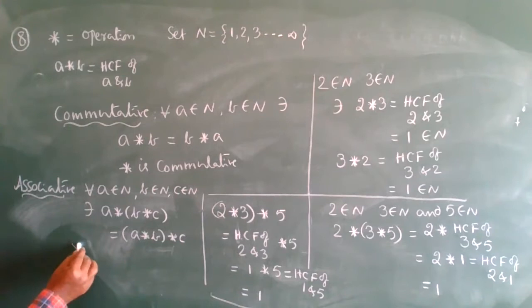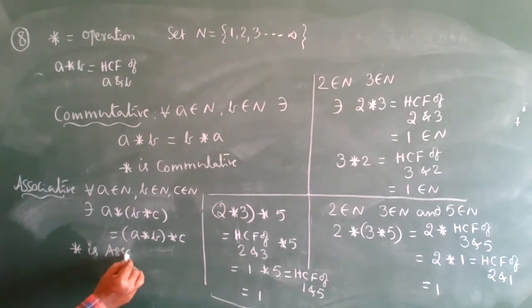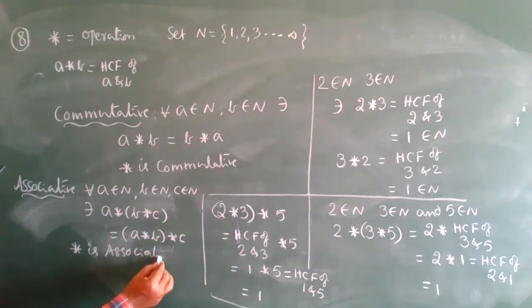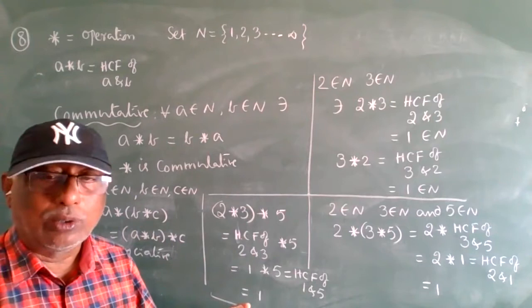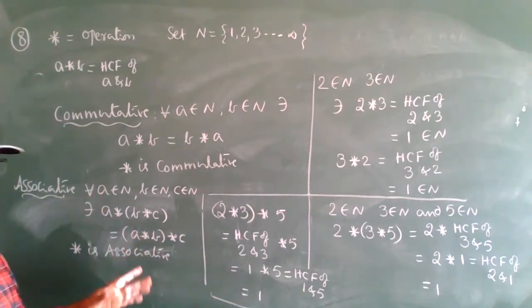Therefore, star is associative. So it is commutative and it is associative.